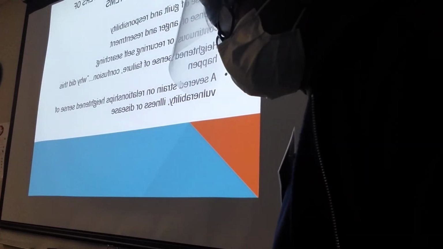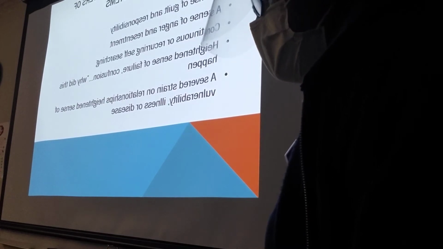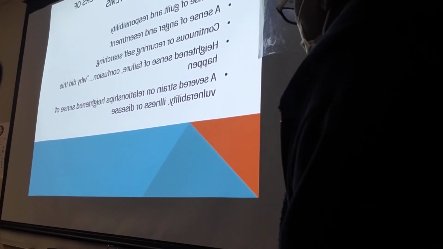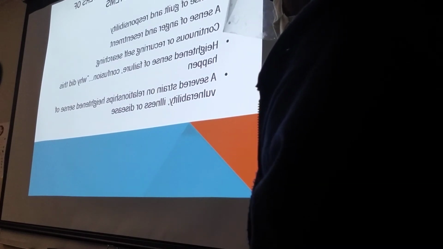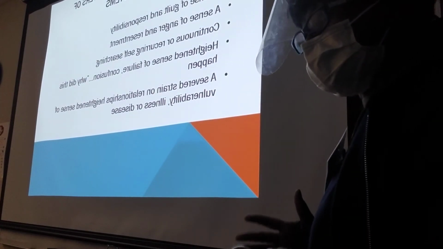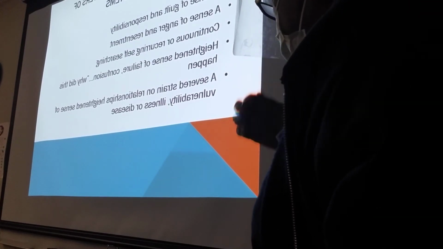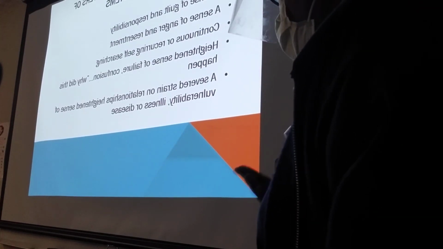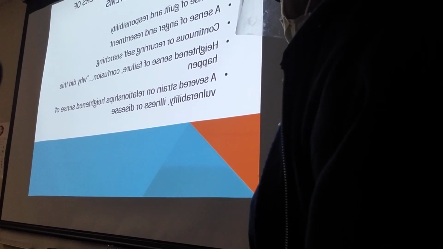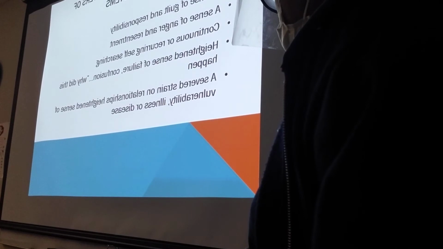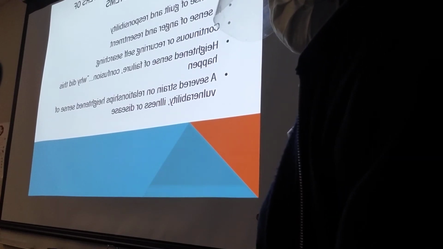What did I do? It was my fault. What could I have done to prevent this from happening? They may do it continuously, or they may do it for a period of time, stop, and then it comes back. A heightened sense of failure, confusion: why did this happen? A severe strain on the relationship, a heightened sense of vulnerability, illness, or disease.